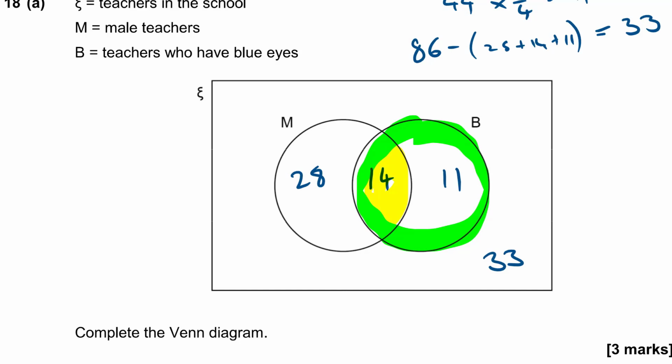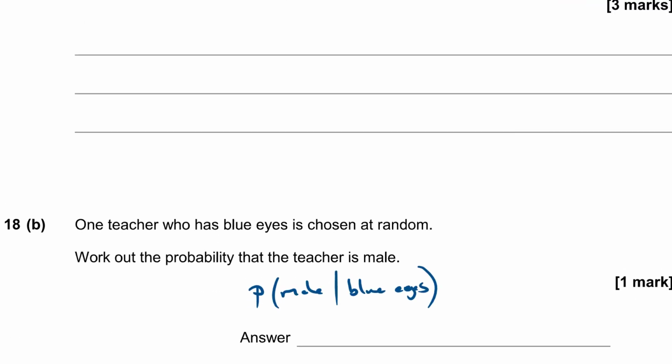So that's going to be, there are 14 teachers with blue eyes out of a total population of 25 teachers with blue eyes. So that is going to be 14 over 25.